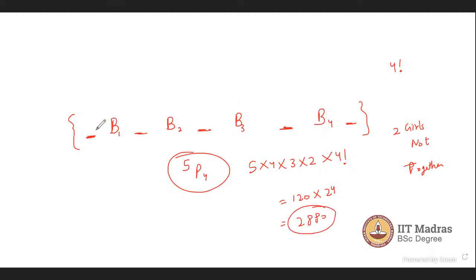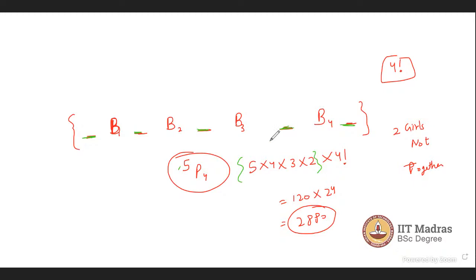In that way, first I place all the 4 boys, which can be done in 4 factorial ways. Then in the gaps between them, I have 5 gaps. So in these 5 places, I have to arrange the 4 girls, which can be done in 5P4 ways.